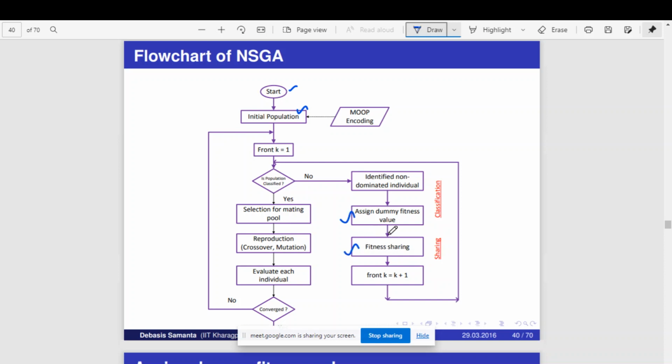That is, everybody in a given front will take the same fitness score. Similarly, do it for the other fronts also: front 1, front 2, front 3. Maybe different fronts are available, depending on the solution. Then select the individuals for the mating pool and go for reproduction. Then evaluate the individuals and check whether it has converged or not.